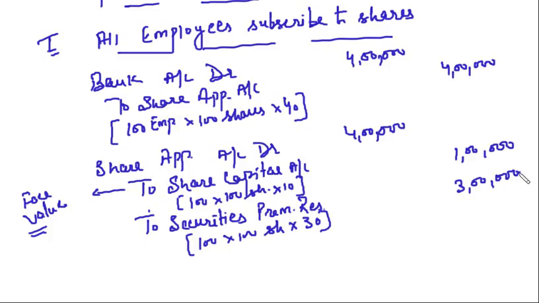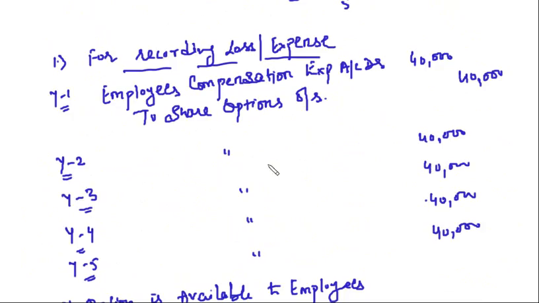Now, you have to pass one more entry. This is the expense that you have recorded. Then you recorded here the share options outstanding. Now the options have been exercised. After year 5, you have to close this share option outstanding account because now the options have been exercised.